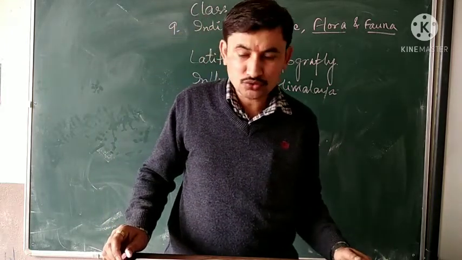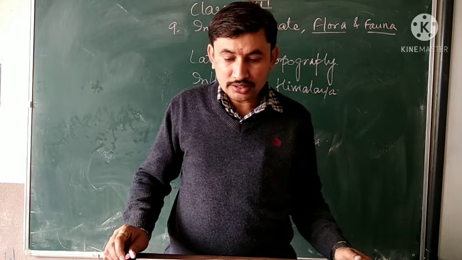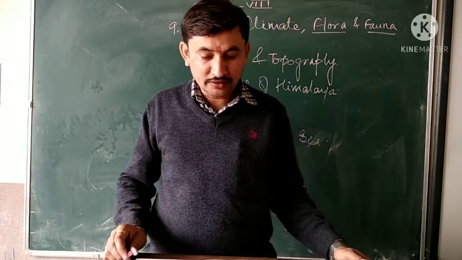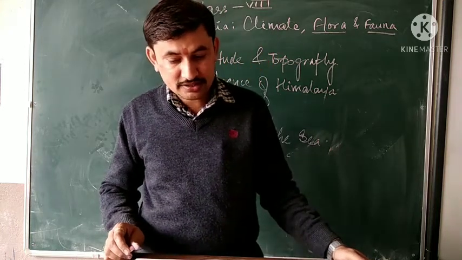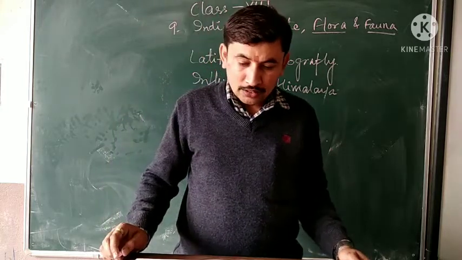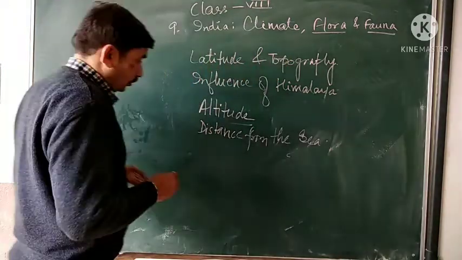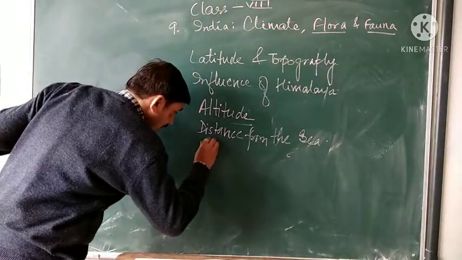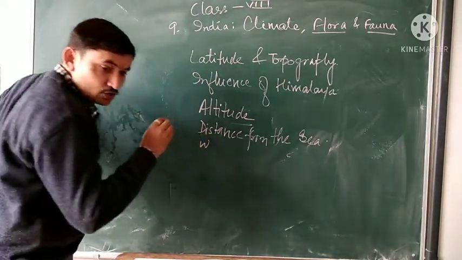Mumbai is an example, situated at the coast, it experiences an equable climate, whereas Lucknow and Delhi experience an extreme type of climate. Next, western disturbances or tropical cyclones.